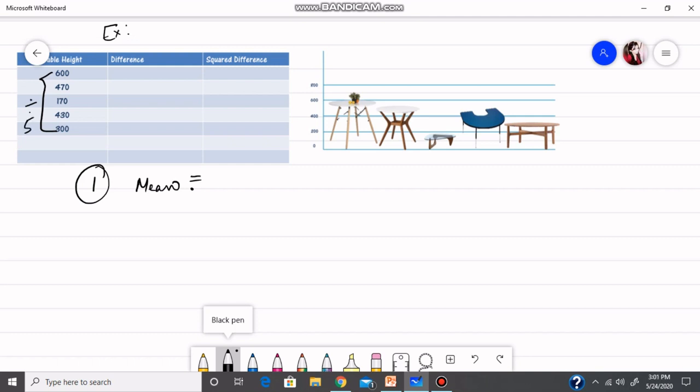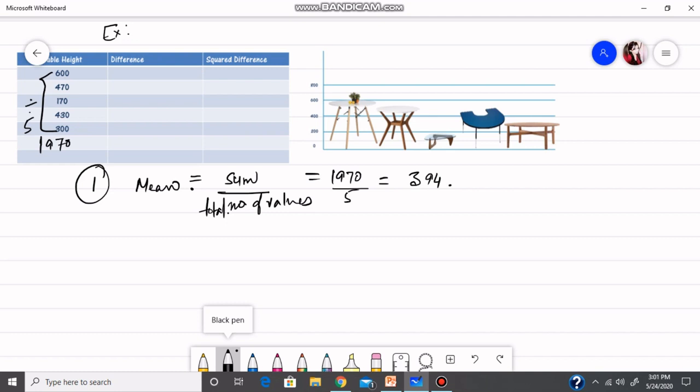The formula is that we divide the sum of values by the total number of values. On adding all these values, we get 1970, and when we divide it by 5, we receive the value 394.